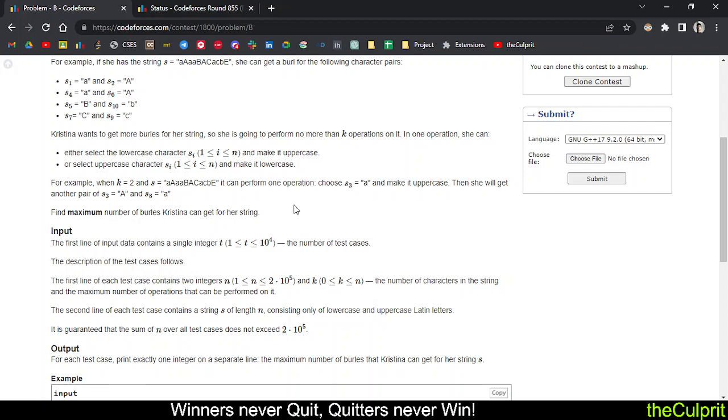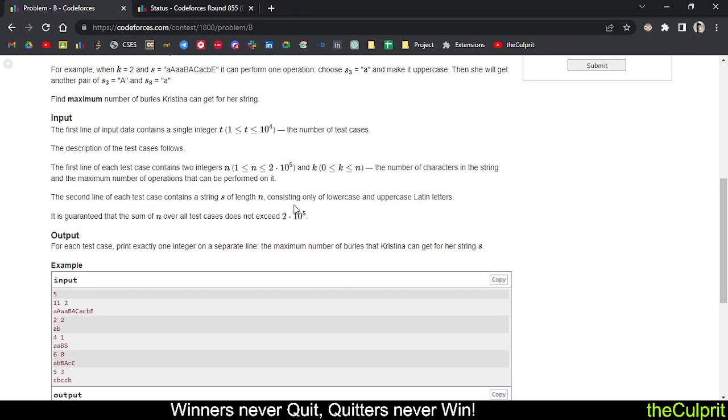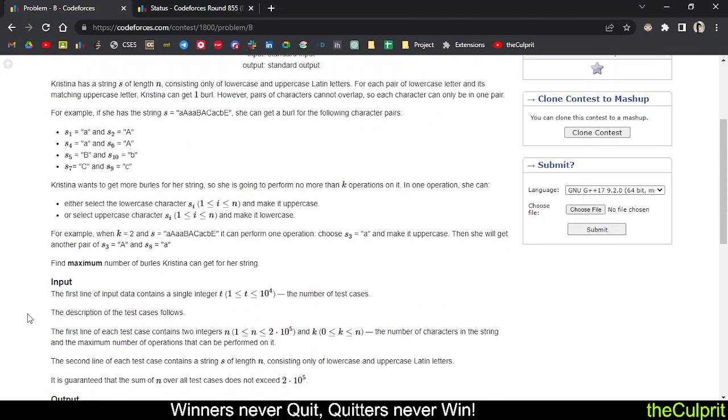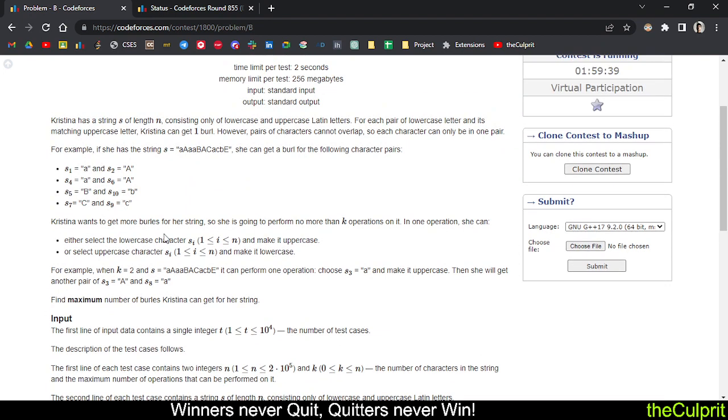So what would be the approach to this question? I'm given a string. What can be the maximum number of pearls? So I'm given the number K. I can change the casing.